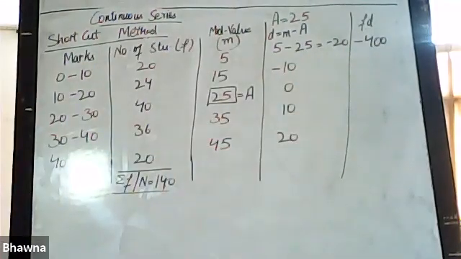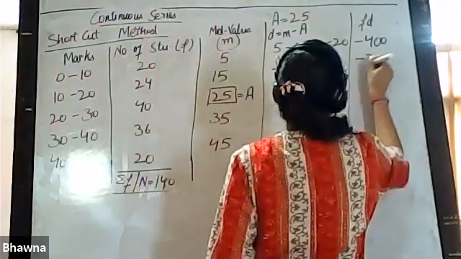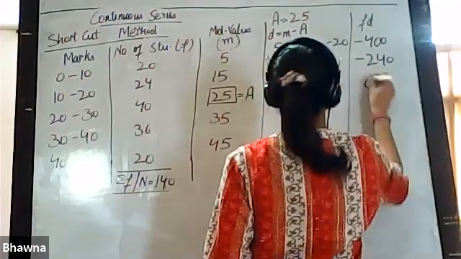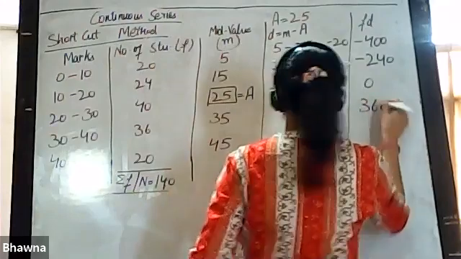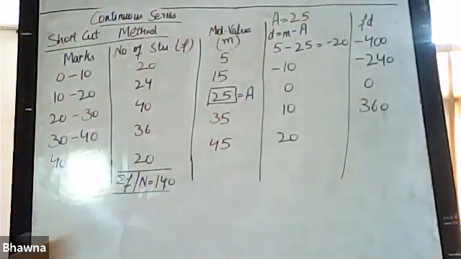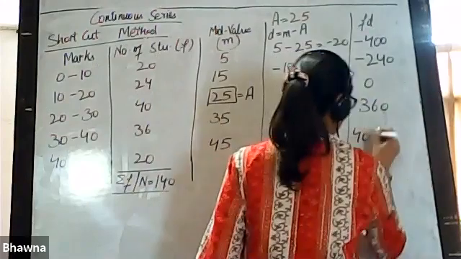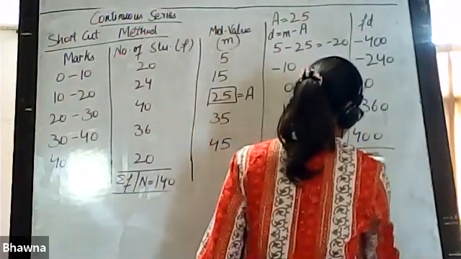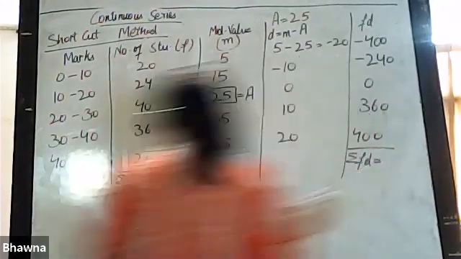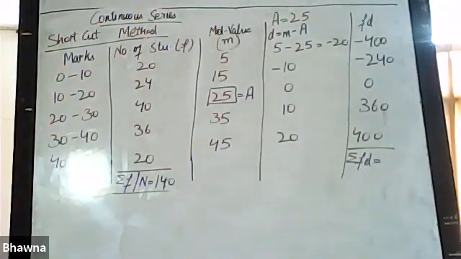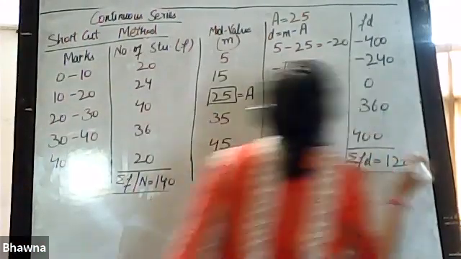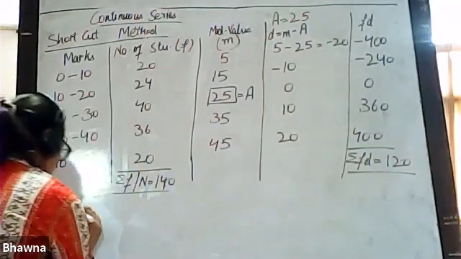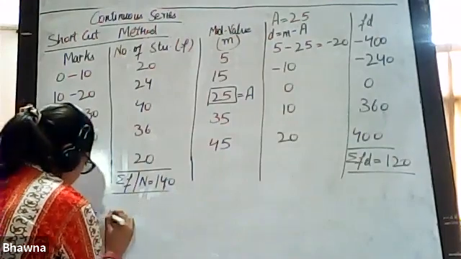Fine. After that, 24 multiplied by minus 10, that is minus 240. 0. 36 multiplied by 10, 360. And 20 into 20, that is 400. So the value of summation FD is equal to 120. So now we have to put the formula here of the continuous series with the shortcut method.